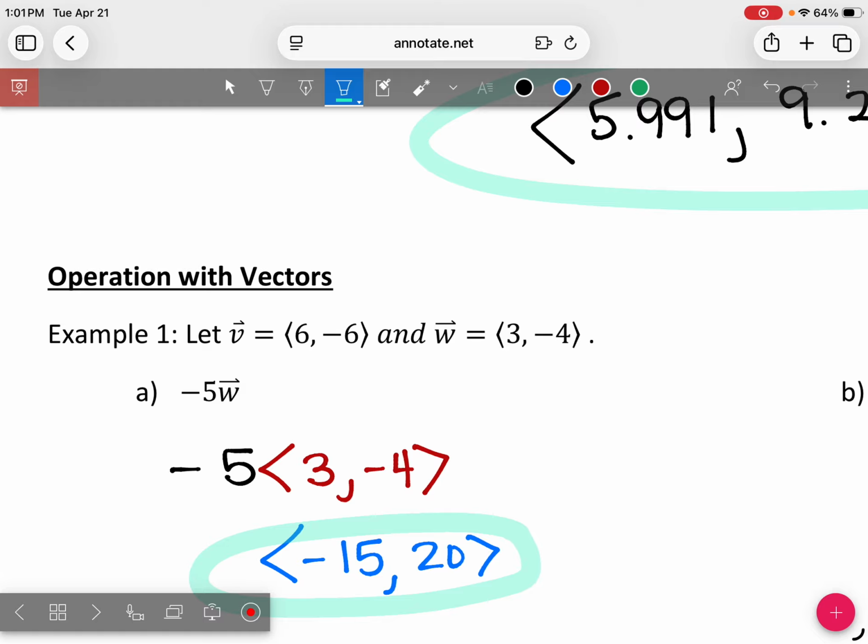So notice that I only use vector W for part A. I did not need to use vector V. For question B, I need to use both.